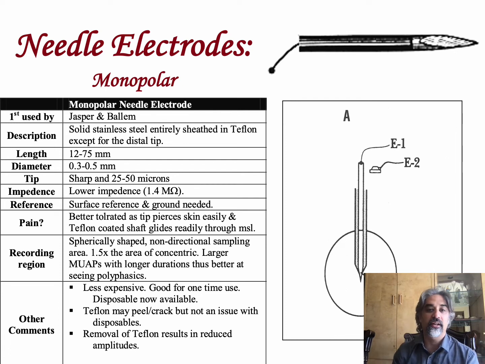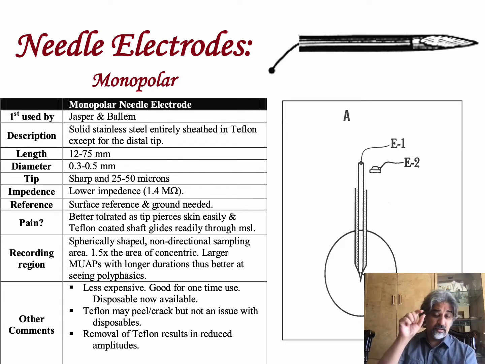So monopolar needle electrodes are basically a solid shaft of steel that has a sharp point at the distal tip, and it's surrounded by Teflon except for the tip.